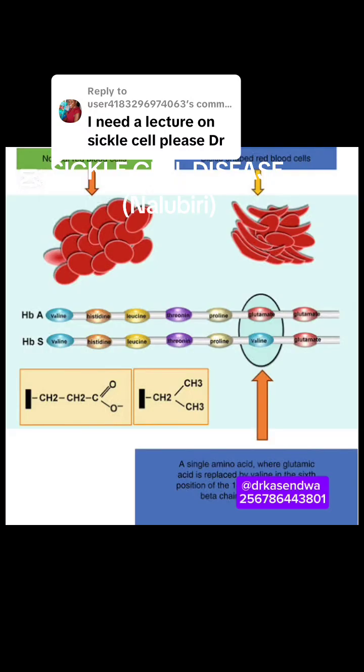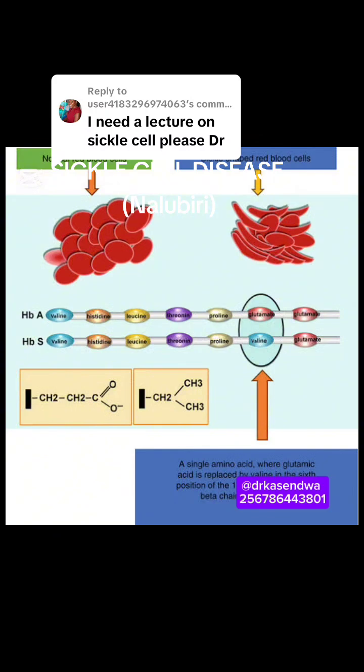This change occurs at position 6, whereby the amino acid glutamic acid is changed, and you have valine instead. These two amino acids have different properties because of their different side chains, and that's why valine is hydrophobic and nonpolar, while glutamic acid is hydrophilic and polar.